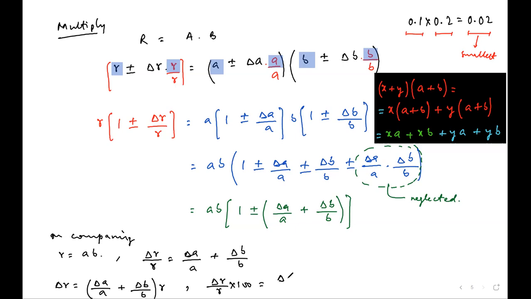So it will be delta a by a into 100 plus delta b by b into 100. So this is your percentage error. This is fractional error. This is true value. And this is error part.